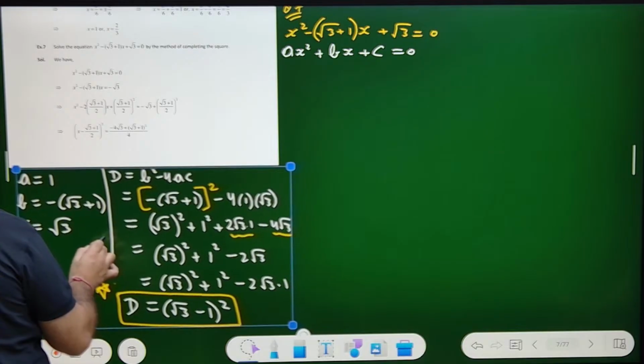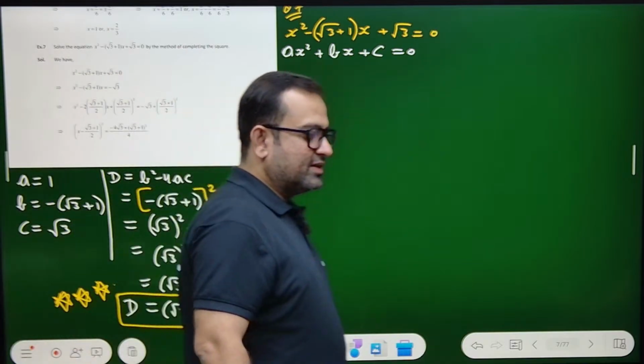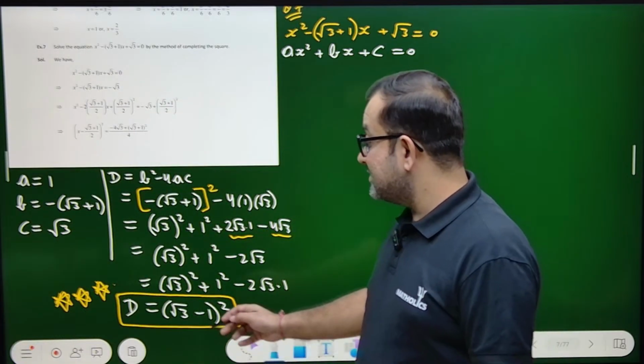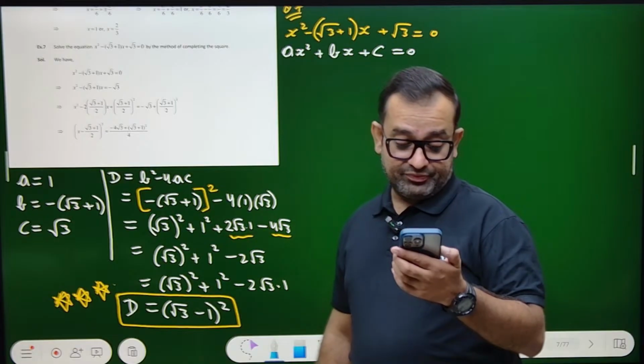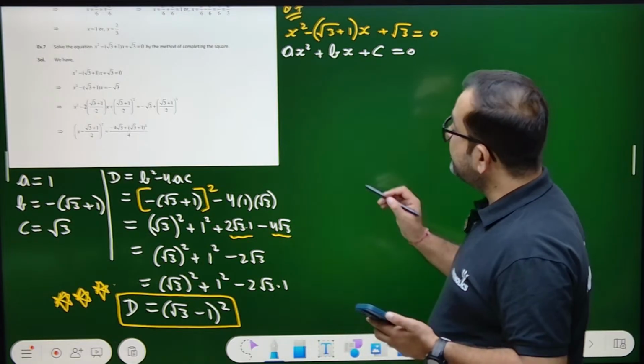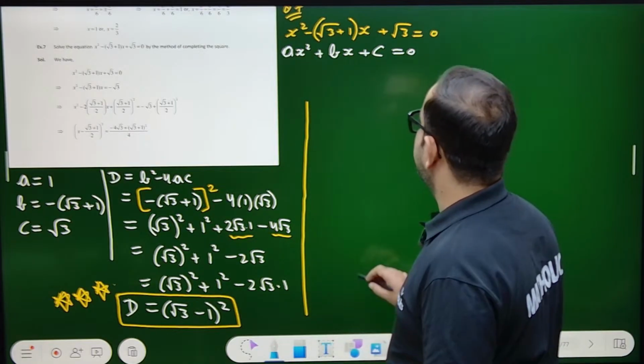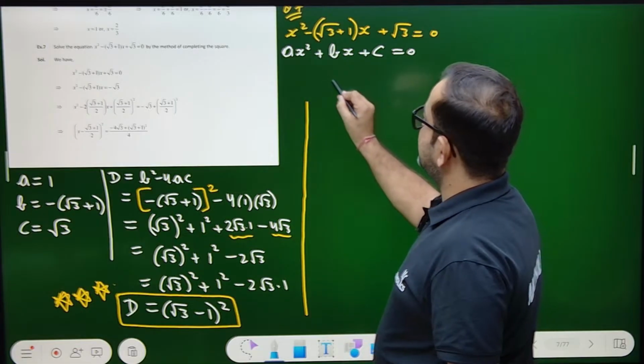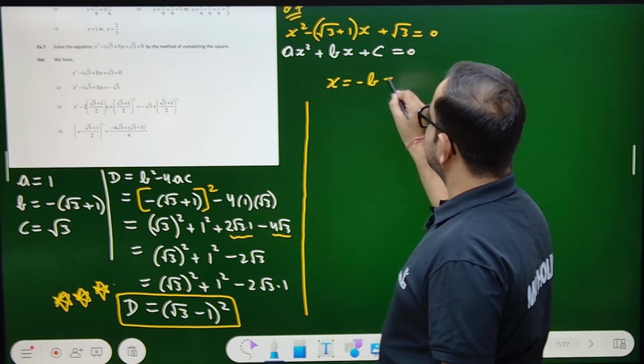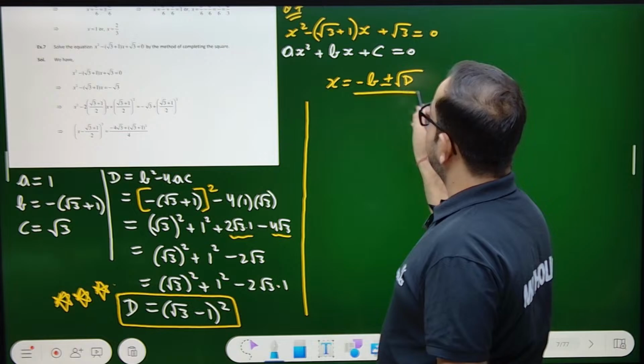Okay. So this thing comes here. So D is actually, we have represented as root 3 minus 1 whole square. Right. Now see, amazing question. If I had to find x, what is x? x equals minus b plus minus under root d upon 2a. Yes or no?